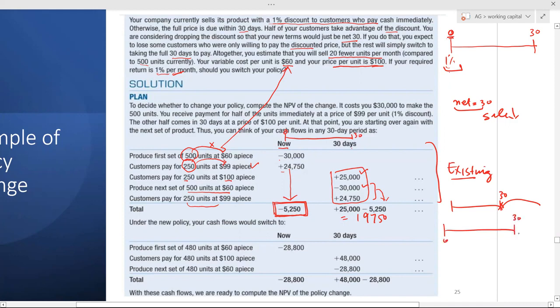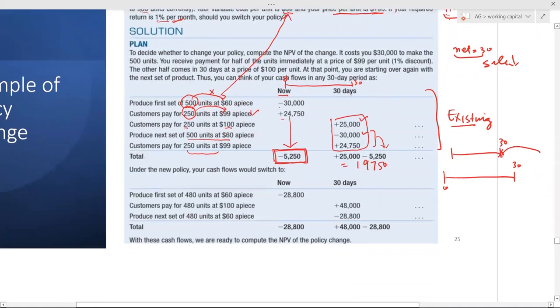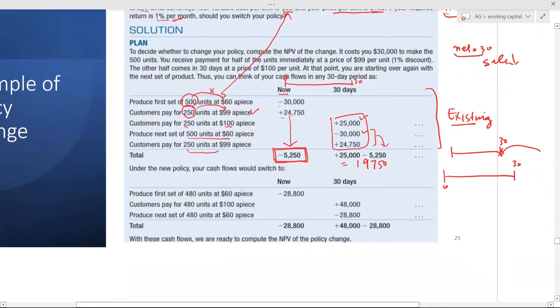Okay, so we need to calculate the NPV. Now the company is switching to the 100% net 30 policy, meaning no discounts. What will happen? You are expecting that when you give the new policy, your sales will drop from 500 to 480, 20 fewer units, right? And the cost of each unit is 60. So this is your cost.